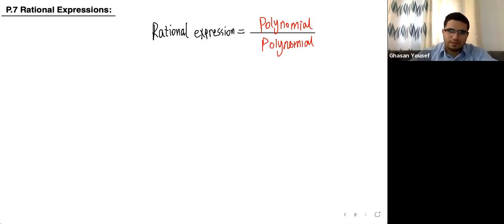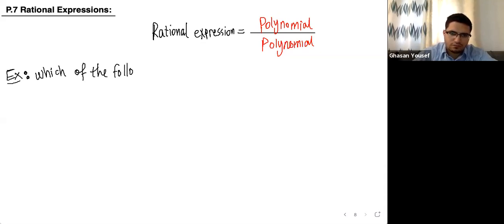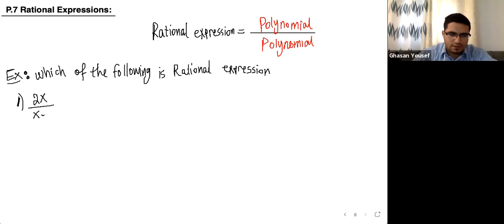I'm going to give examples for how we can define which of the following is a rational expression. So the first example is 2x over x minus 1.